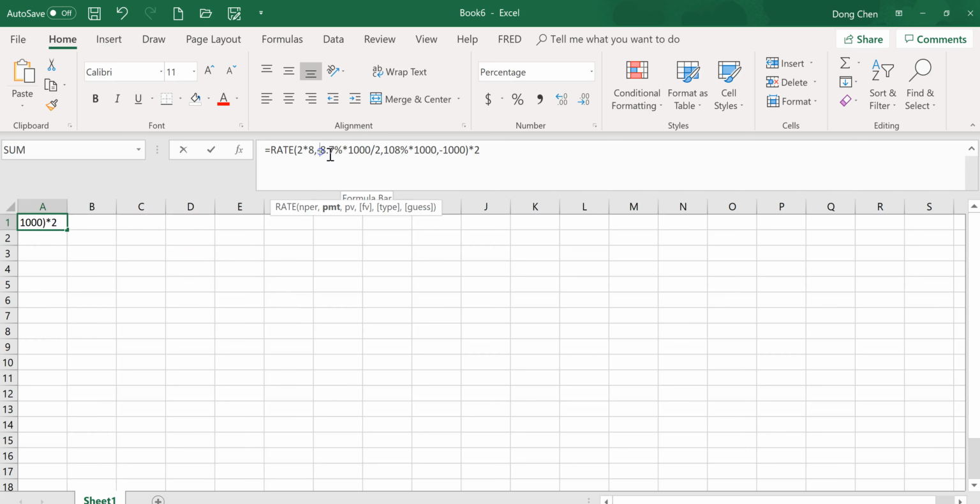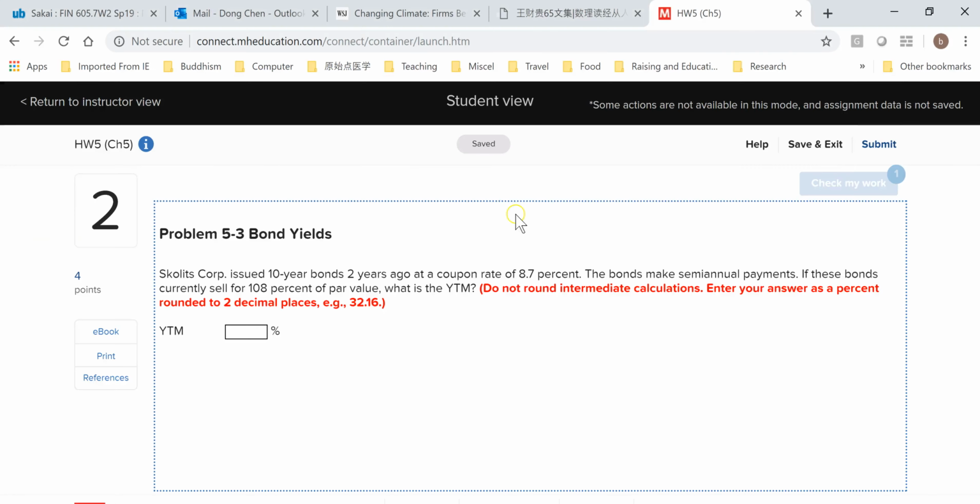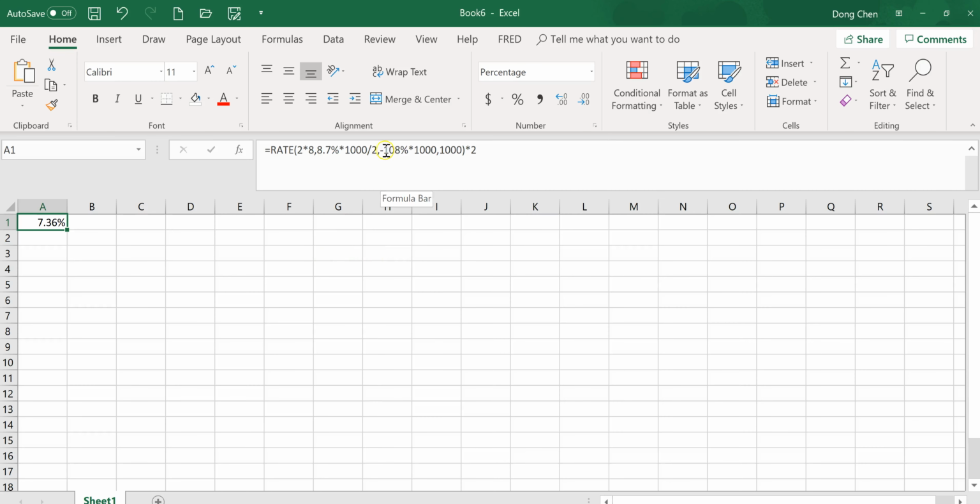Now I want to show you that the result will be the same if I just use the positive payment and the positive future value, which is the par value, but a negative price. And then you can see the result will be the same, 7.36%.